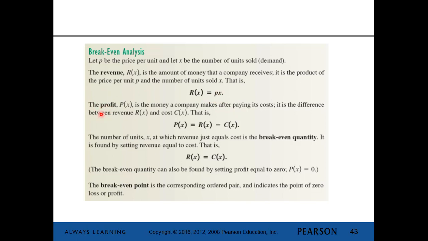Profit is the difference between your revenue and your cost. And it's always revenue function minus your cost function. Because if your cost function is bigger, if it costs more to produce than what you're bringing in, then your profit is going to be negative, which makes sense. You're in the red. Okay. So the profit is going to be your revenue function minus your cost function.